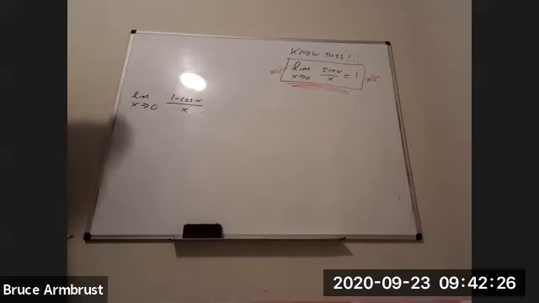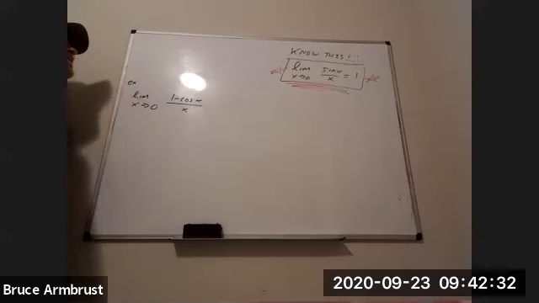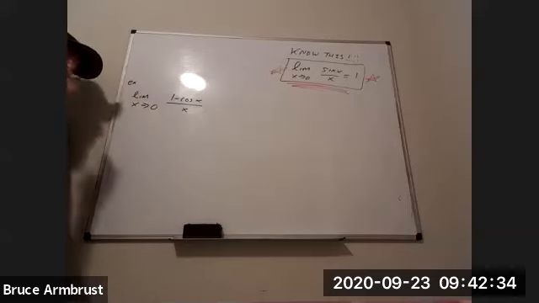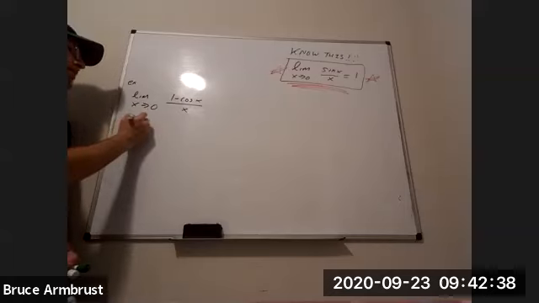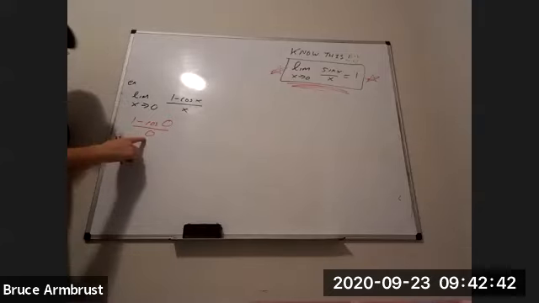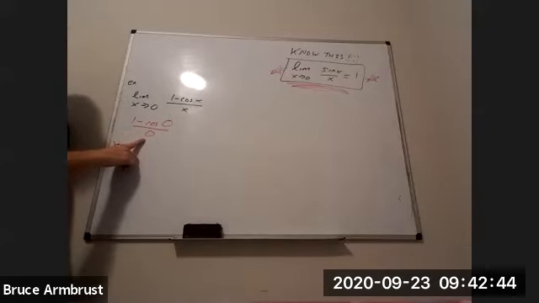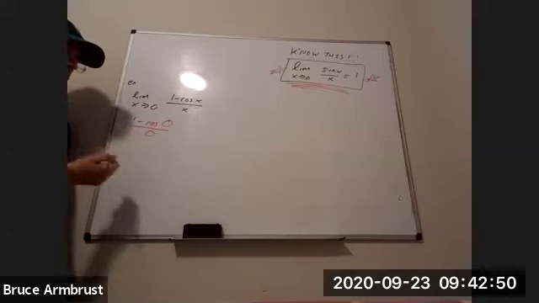Okay, so let's see if we can actually figure out what this limit is. So if we try plugging it in, like we always do, first step, we're going to get 1 minus cosine of 0 over 0. The over 0 should make you a little bit nervous because we already know it's not going to be defined. But let's see what we get on top.